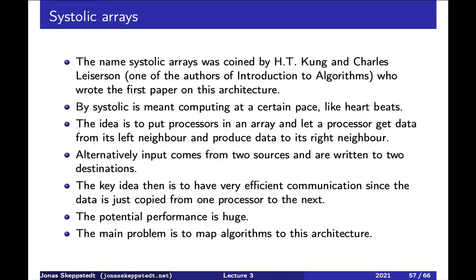Another approach to designing parallel machines is called systolic arrays. When it was mainstream, it originated from Carnegie Mellon University. And the idea is to have, you can think of it, well, I can show you a slide instead.